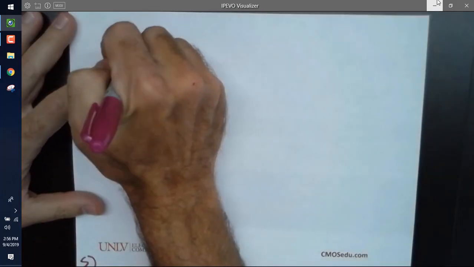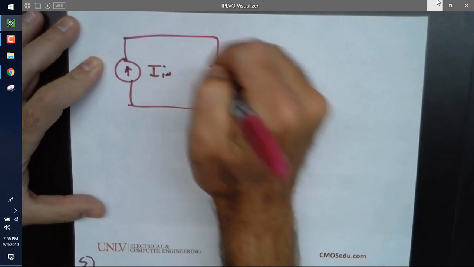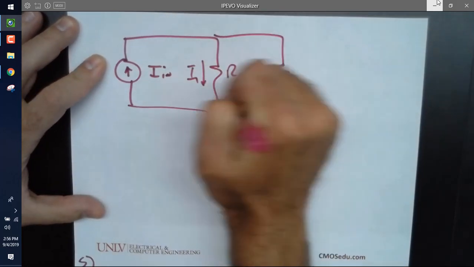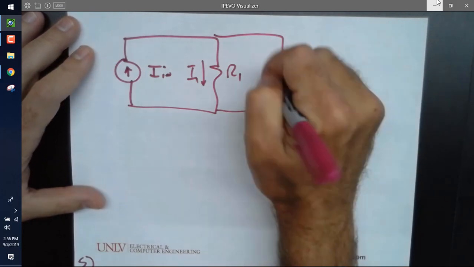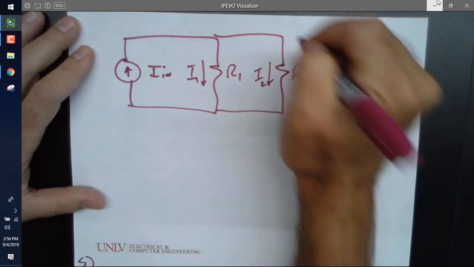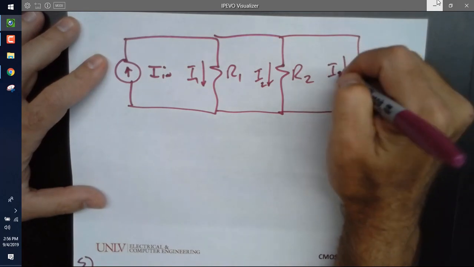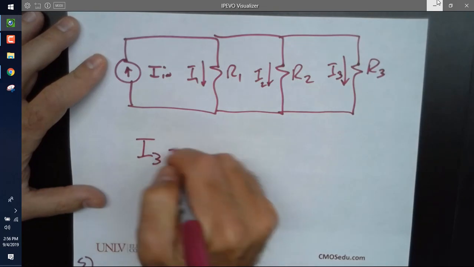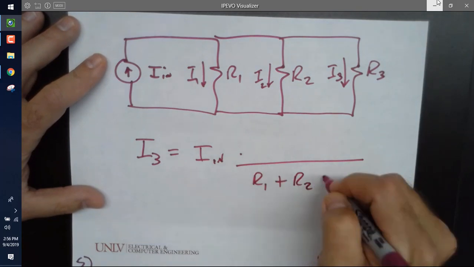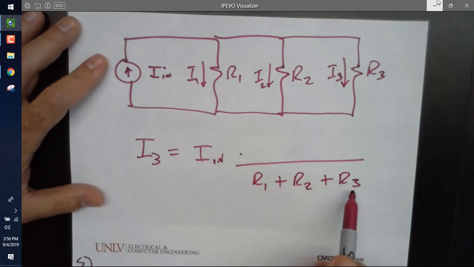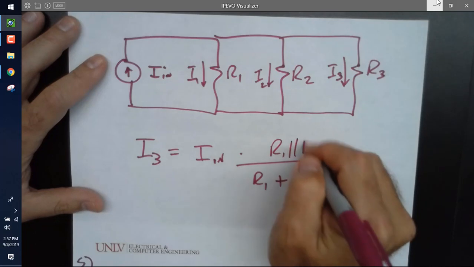So if you have the following, R2, then you get I3 equals IN times R1 plus R2 plus R3, and then you take the R3 out and you put R1 in parallel with R2.